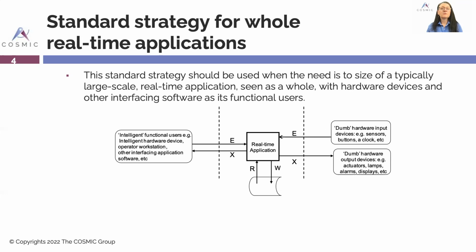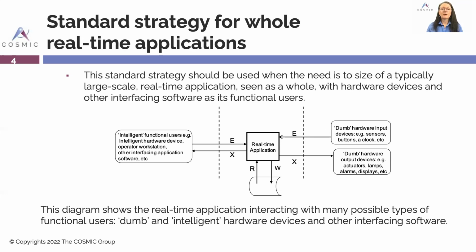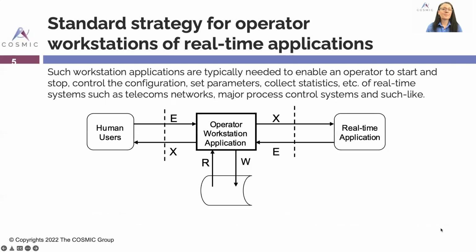They only receive a signal to turn on or turn off. The real-time application interfaces with many possible types of functional users, dumb and intelligent, as shown here. And don't forget, it can also interface with interfacing software.